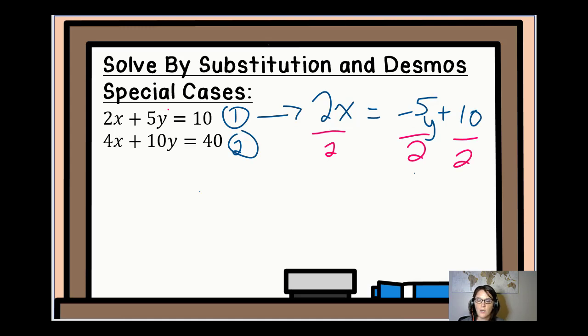And if you don't like working with the fraction -5/2, feel free to change it to a decimal. Okay, so x is equal to -2.5y plus 5, and I'm going to substitute that into equation number 2.